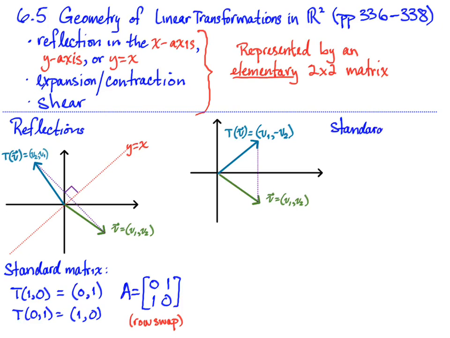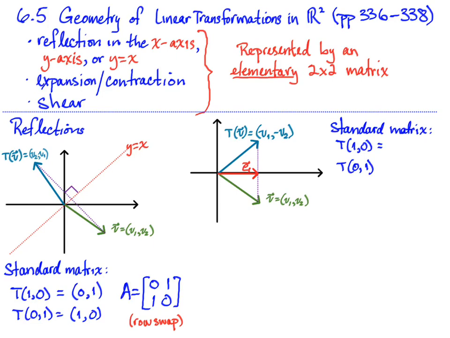So once again, to get the standard matrix for that linear transformation, we're going to find the images of the two standard basis vectors. So E1 is 1, 0, which lies on the horizontal axis. If we reflect that across the x-axis, what happens to it?